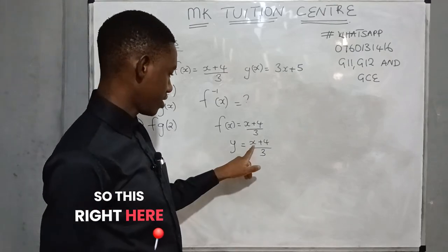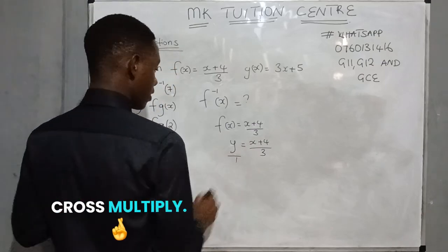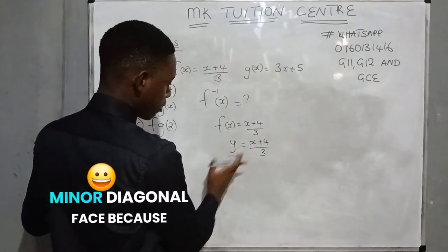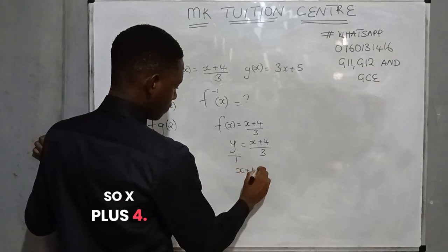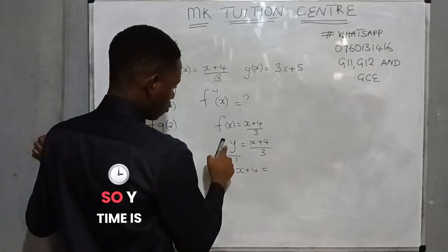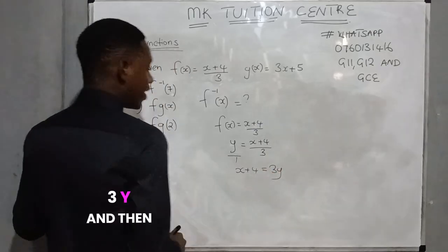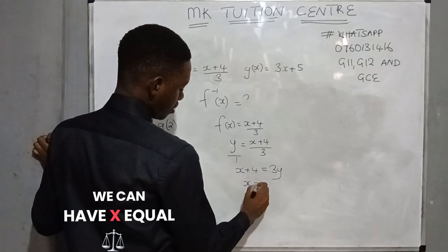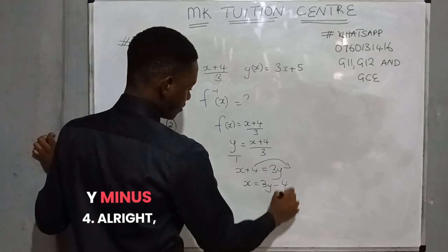So we're going to cross multiply. Let me have the minor diagonal first because I want to get x. So x plus 4, remember 1 times that, nothing will change. So y times 3 will give us 3y, and then we can have x equal to 3y minus 4.